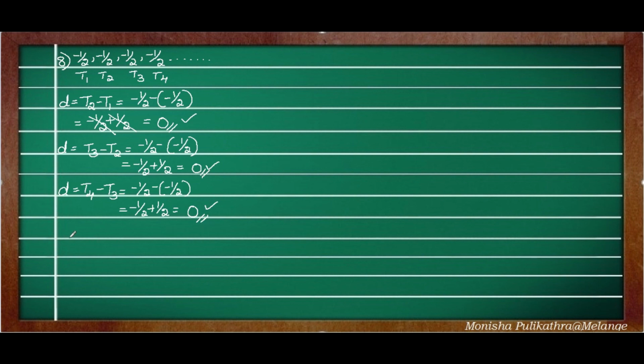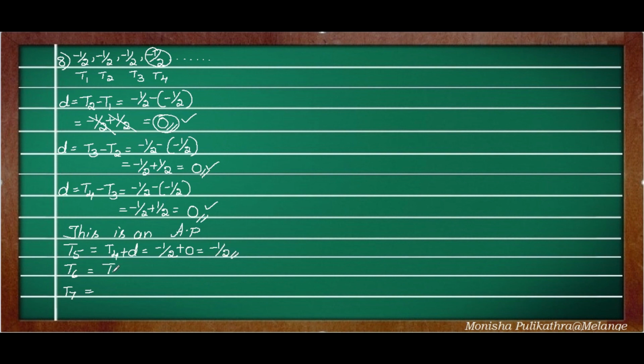So it is a constant term. If it is constant, then this is an AP. If it is an AP, then we need to find the next 3 terms, that is T5, T6 and T7. T5 is previous term plus common difference. T4 is minus half and the common difference is 0, so minus half plus 0 is minus half itself.